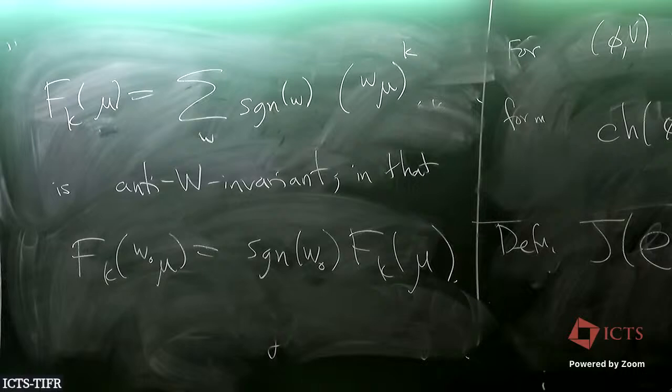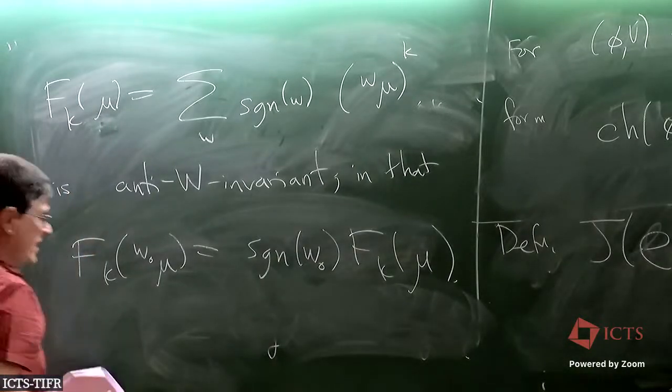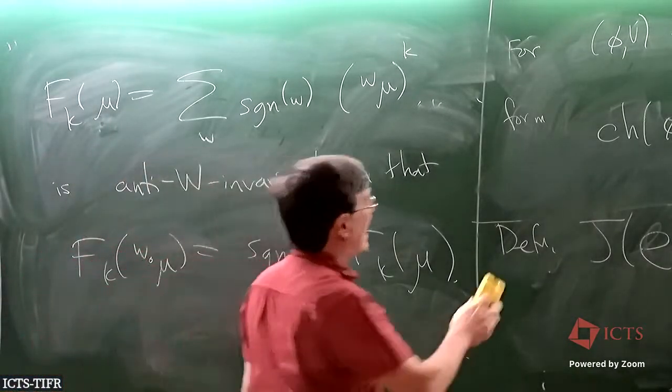Right, so this thing is anti-invariant. That's interesting. How many anti-invariant polynomials are there, say on T star? That's an interesting question that should be classically known, and it is.